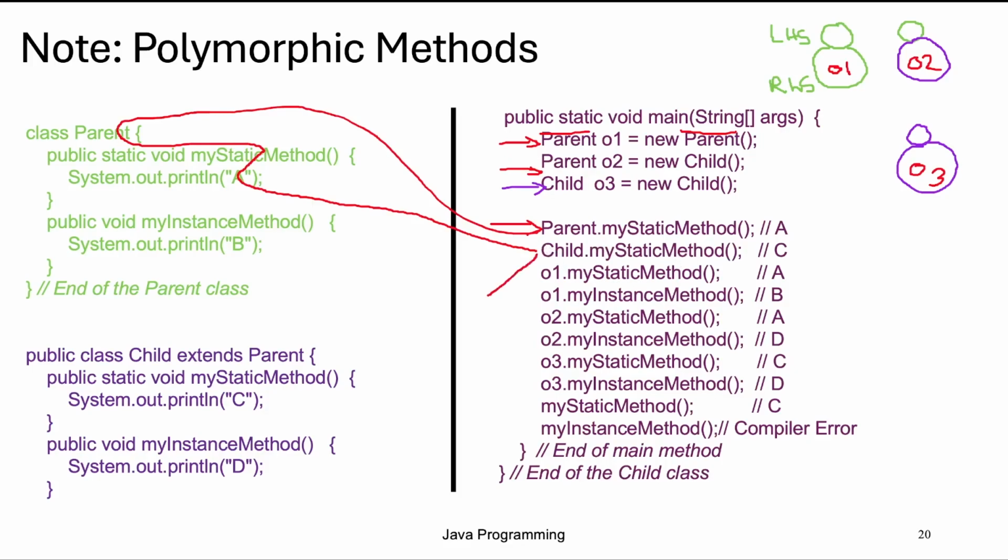If you are calling child, we are already inside it. So we go into the static method, print C, and then we come out. Please note that we are not going up here because we are not creating any object. We are simply calling the method that exists in this class.